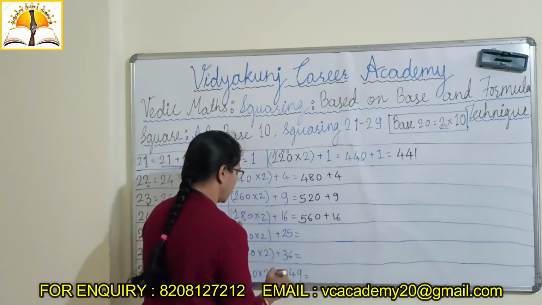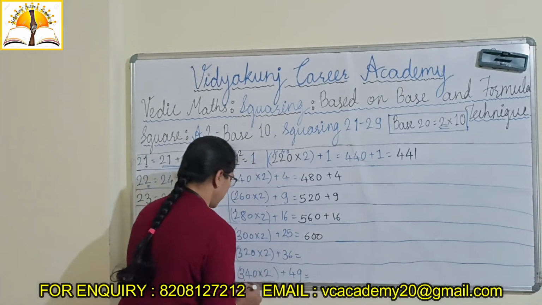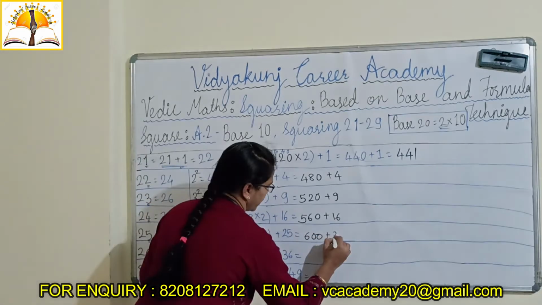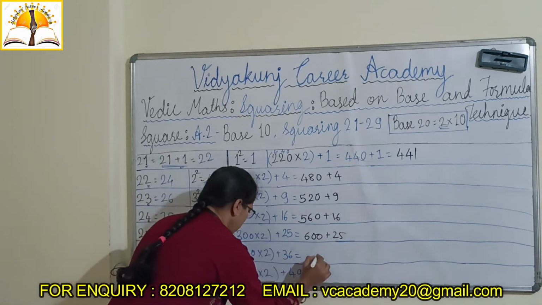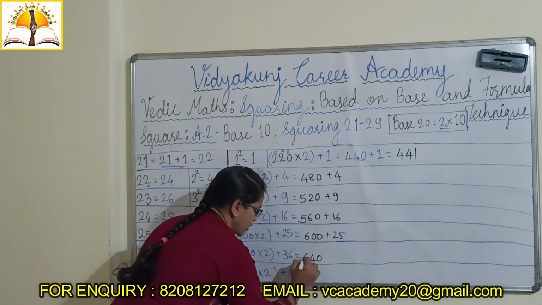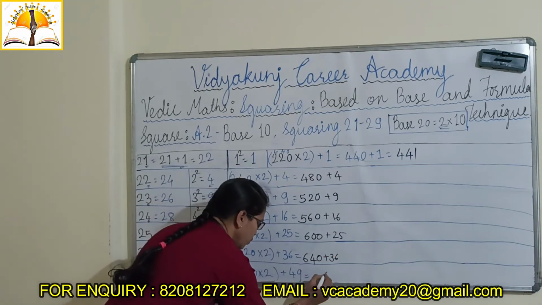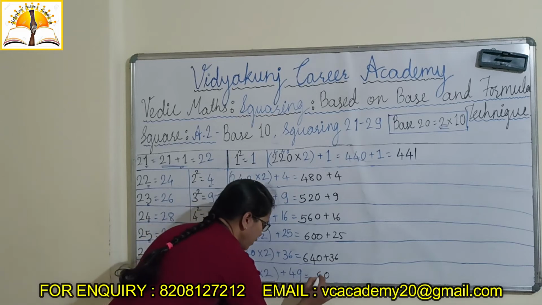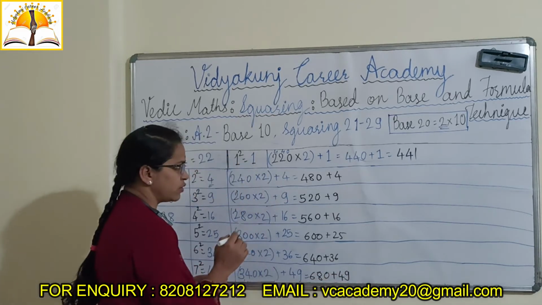Now see here this will be 6 and plus 25. 2 zeros are 0, 2 4s are 8, 2 2s are 4, 2 3s are 6, plus 36. Yes or no? Now here 0, 2 4s are 8 and 6 plus 49. Okay, we have done this much.